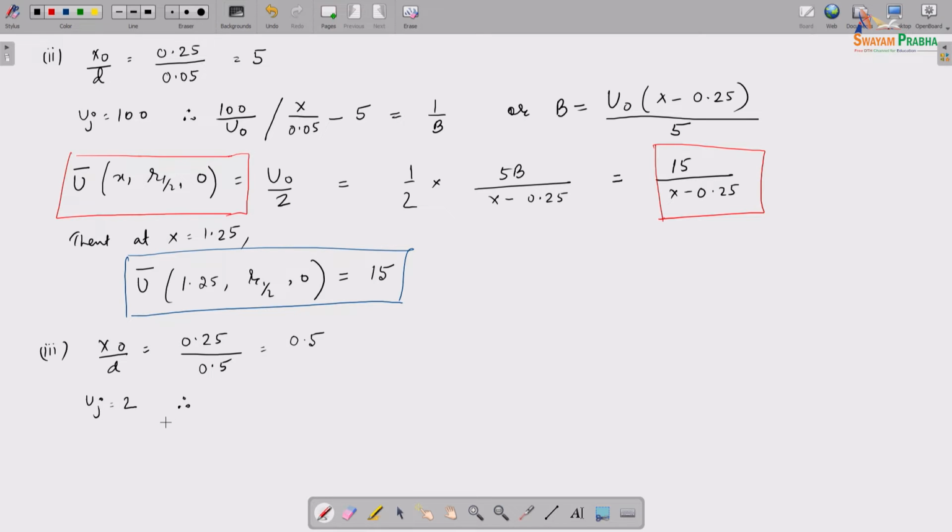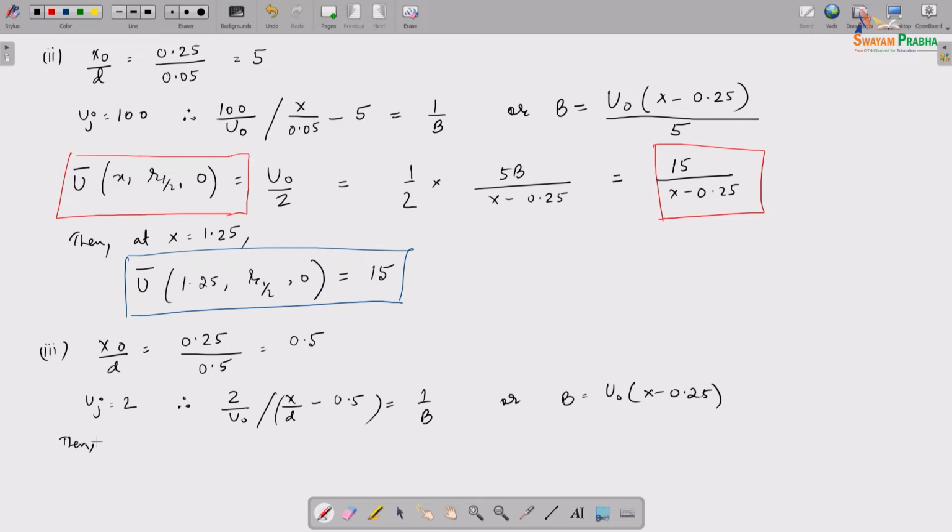Therefore, what we can write is that 2 by u naught by x by d minus 0.5, right, is equal to 1 by b, or okay, b is equal to u naught into x minus 0.25.